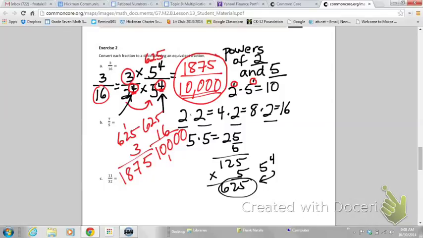We can't do any simplifying here because 1,875 does not end in a 0, so we can't actually simplify there. So the way we write that then is 0.1875, and you can see that our 5 here ends up in the 10,000ths place.